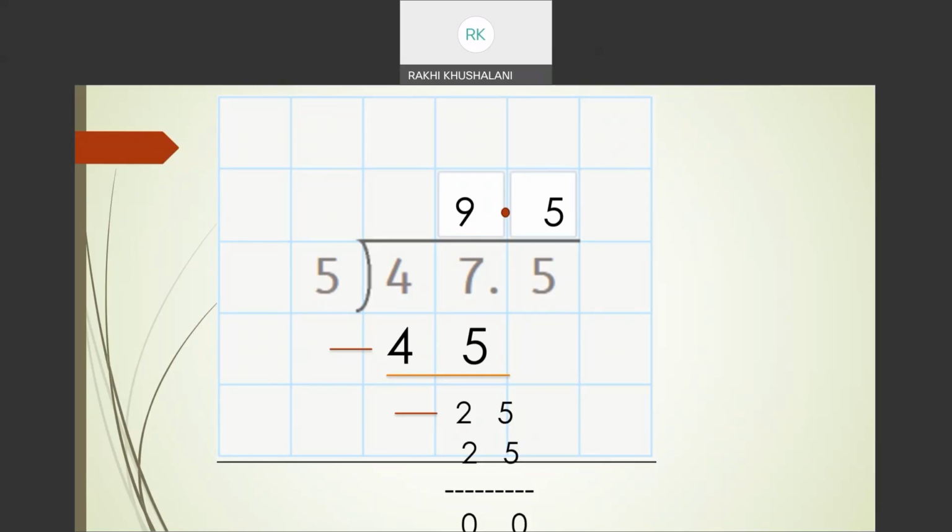And 25 you get, bring down 5. 5 into 5 is 25. And do the subtraction and the remainder is 0. So you are not going to do anything beyond that. 9.5 is the answer.